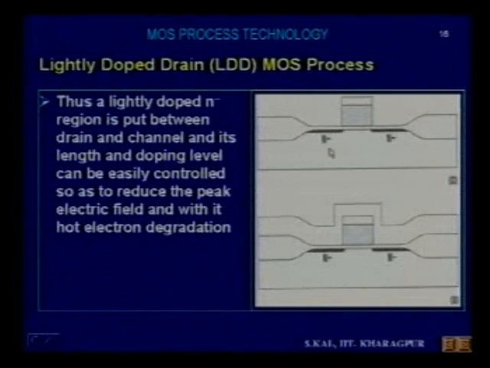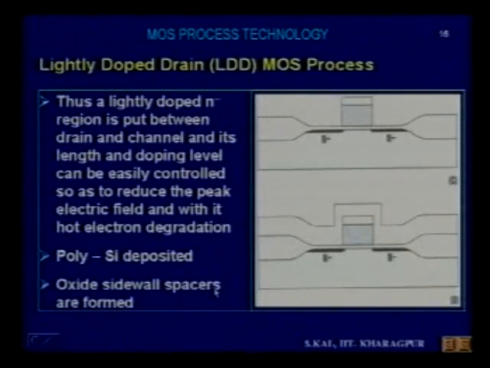Now after this implantation, the next step is polysilicon deposition. Polysilicon is deposited again. After completion of the LDD formation and reach through implantation, polysilicon is deposited again. Next, formation of the oxide sidewall spacer.